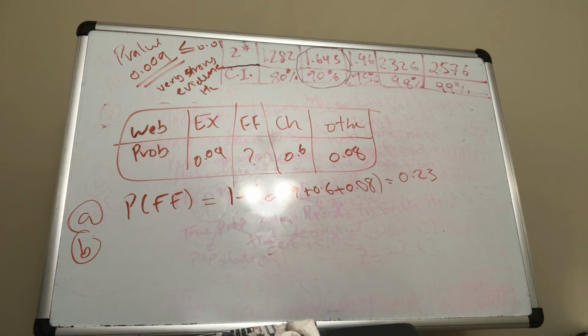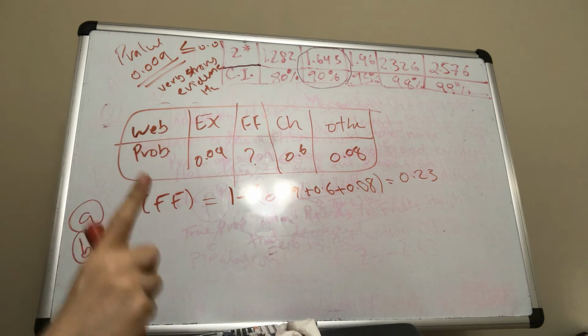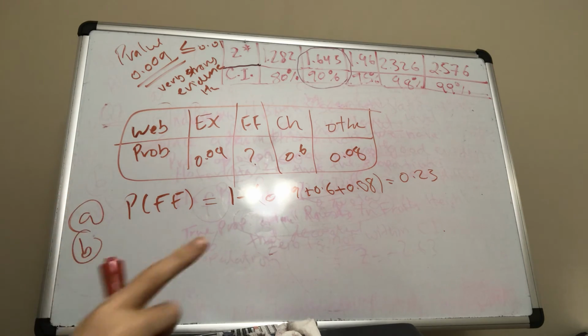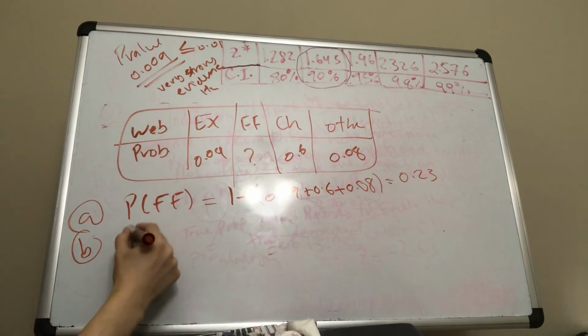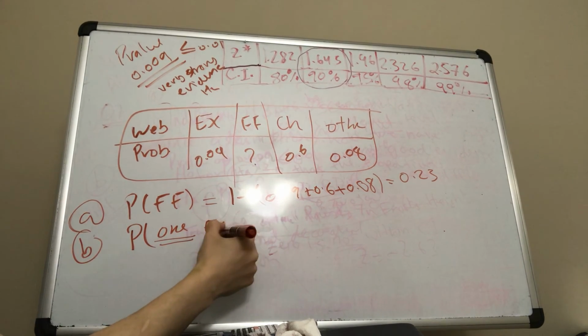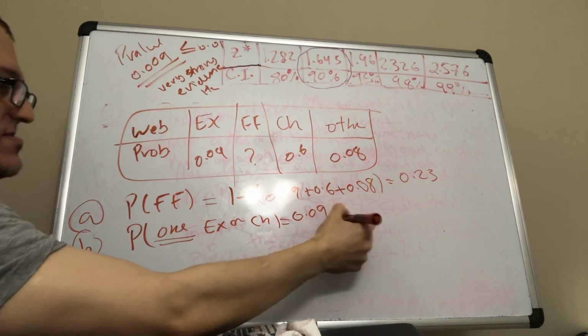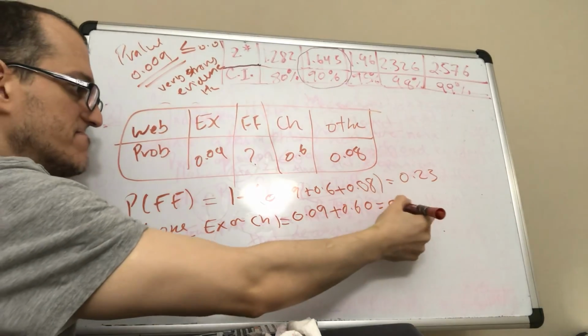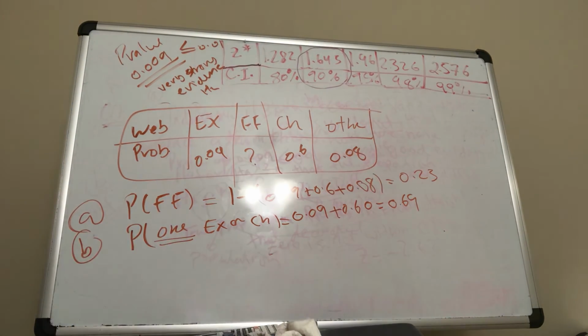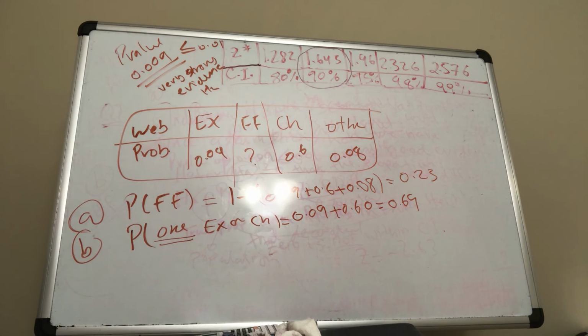Find the probability that you selected one user who likes Explorer or Chrome. Probability of Explorer or Chrome, you add them. That would be 69%. If they tell you Explorer and other, you would add them. C. If you select 3, now you're selecting 3.